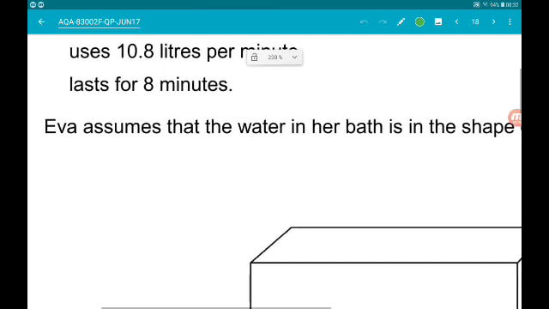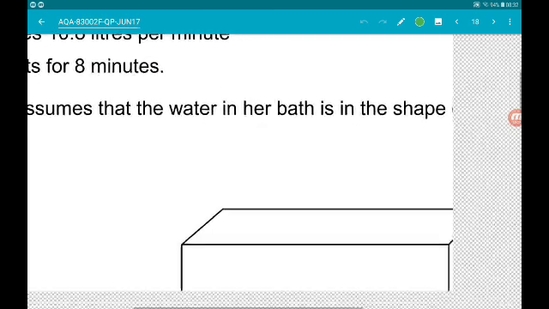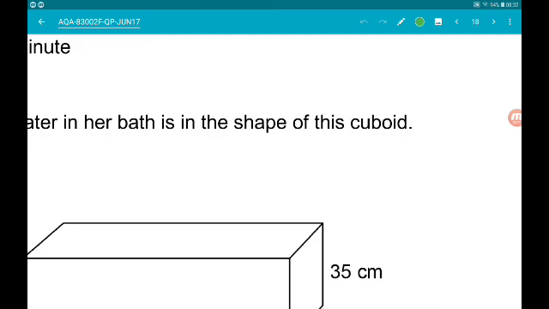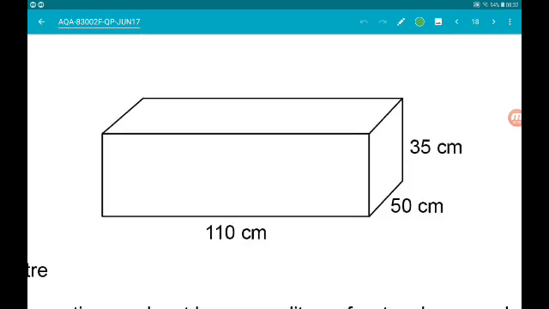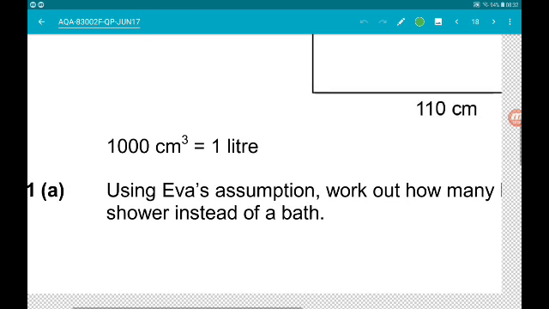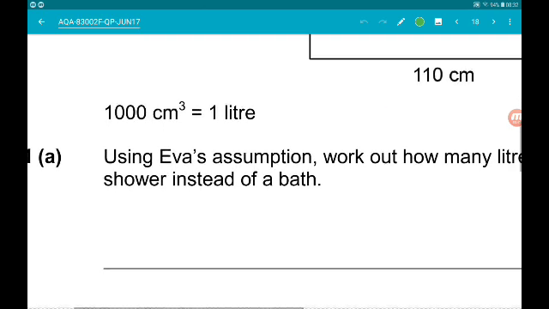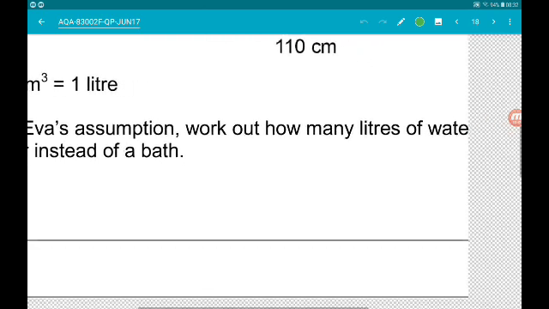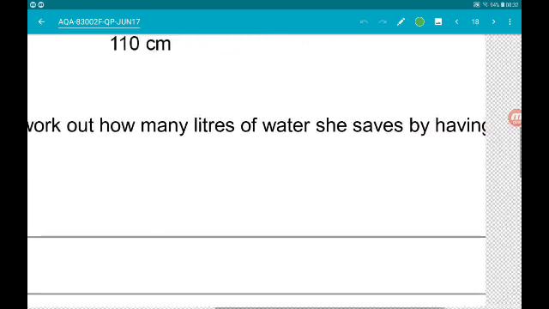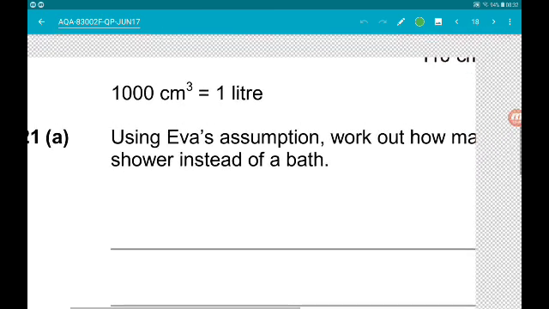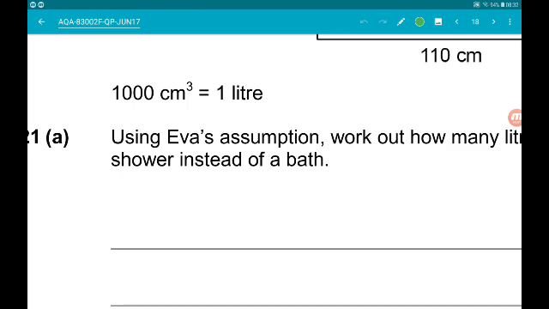Eva assumes that the water in her bath is in the shape of this cuboid. We are told 1000 centimeters cubed is 1 litre. Using Eva's assumption, work out how many litres of water she saves by having a shower instead of a bath.